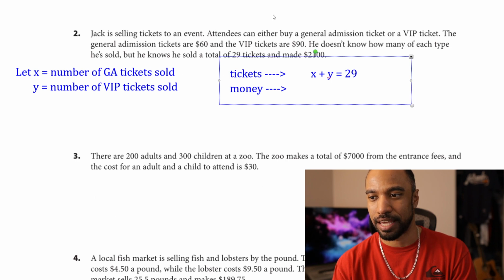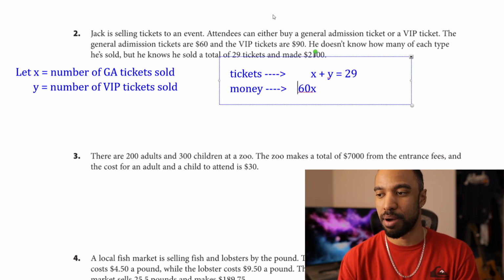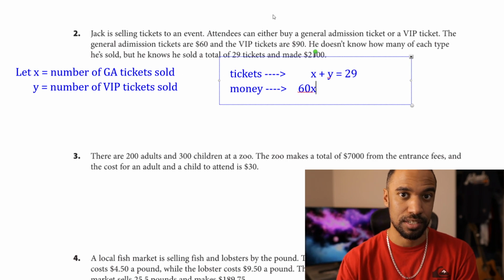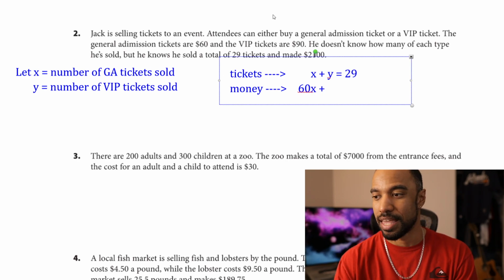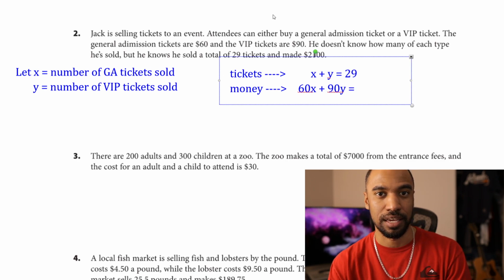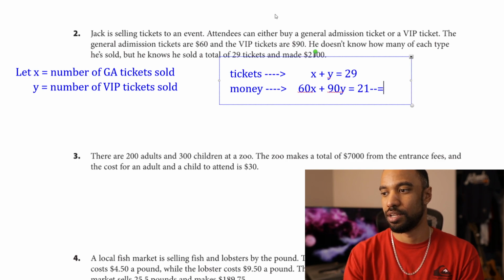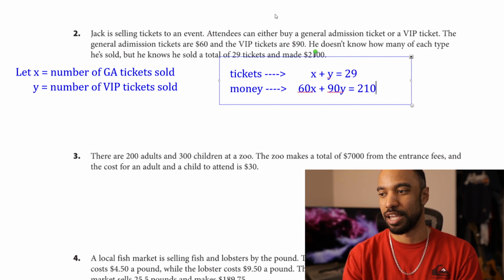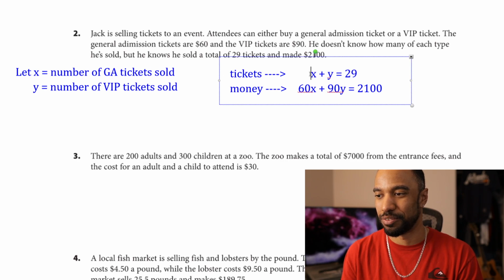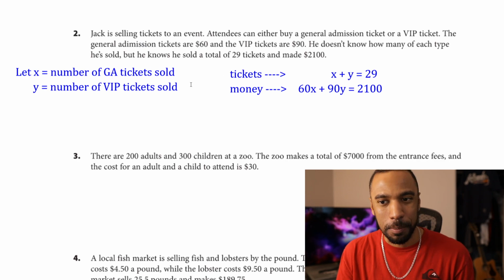We're going to have 60x, which represents the amount of money made from selling X general admission tickets. And then 90y is the amount of money made by selling Y VIP tickets. And the total is 2,100. I'm going to handwrite this part because it's hard to look at the keyboard with this at the same time. All right, so that's my system of equations on that one there.